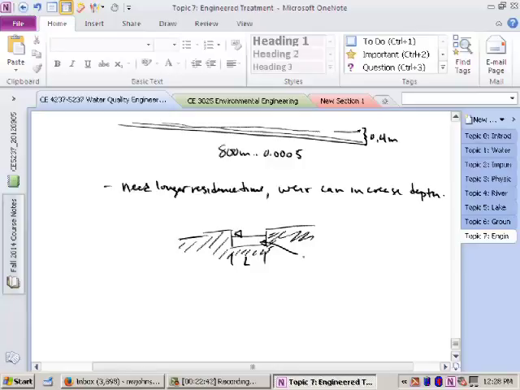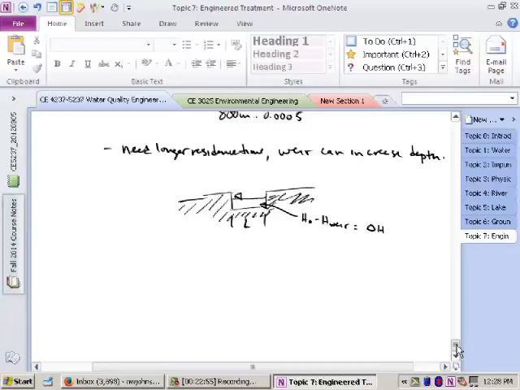Call this H naught minus H weir, or delta H. Then the flow rate Q can be related to the weir coefficient times the length times delta H to the 3/2.